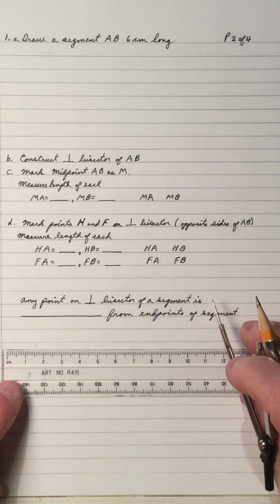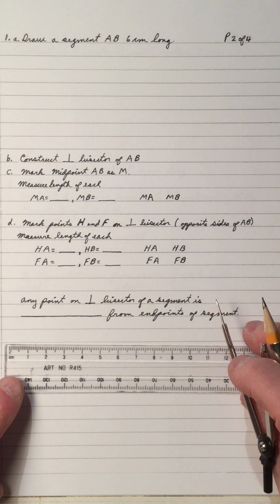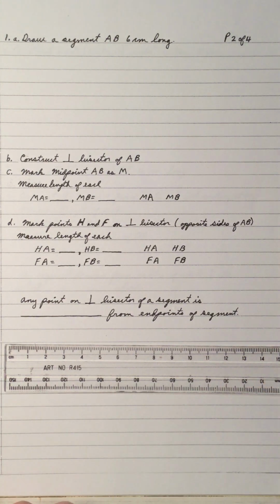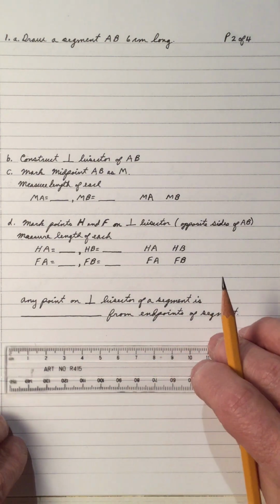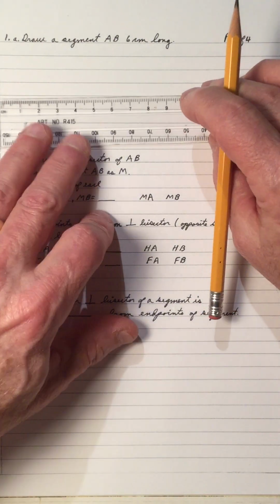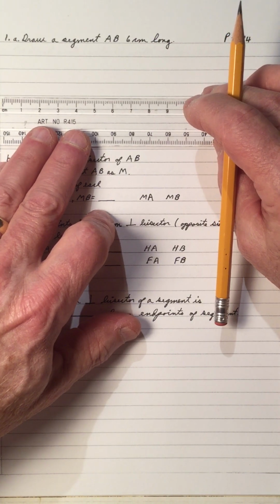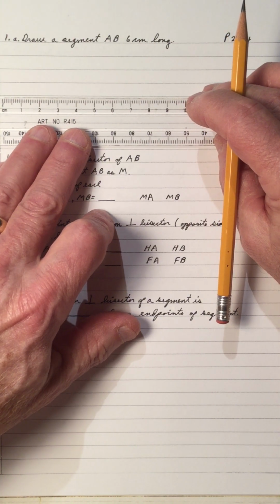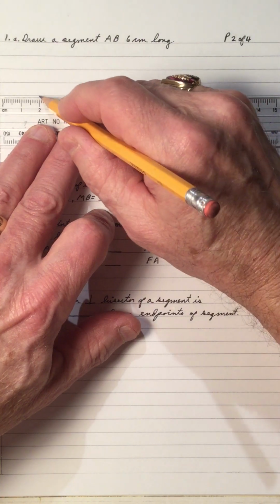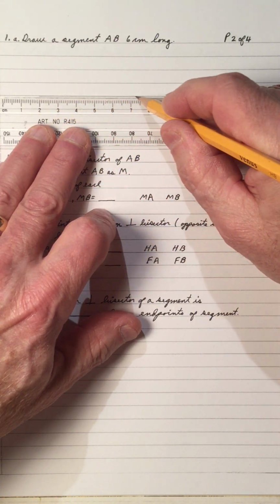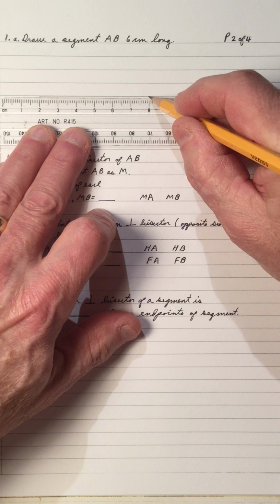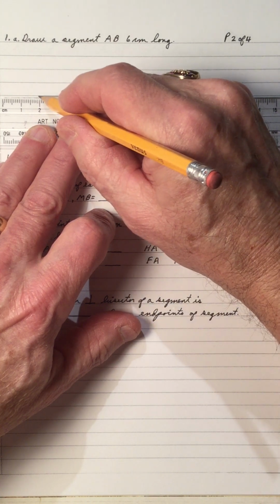So I'll lay down my ruler and draw a segment 6 centimeters long. I place my ruler here and draw from 2 to 8, which is 6 centimeters.